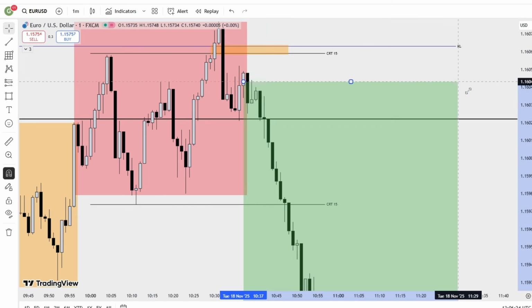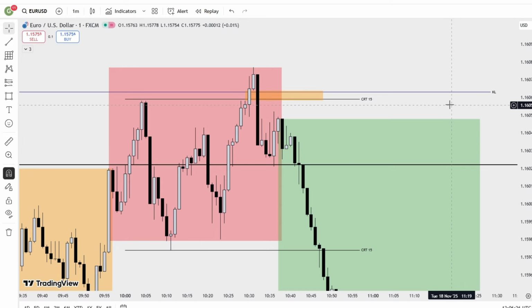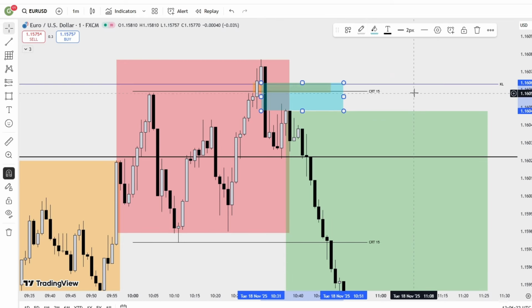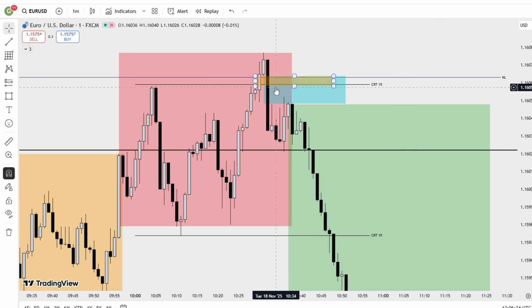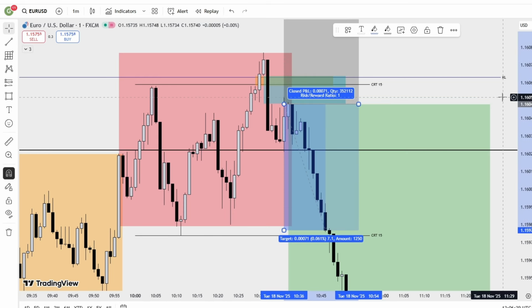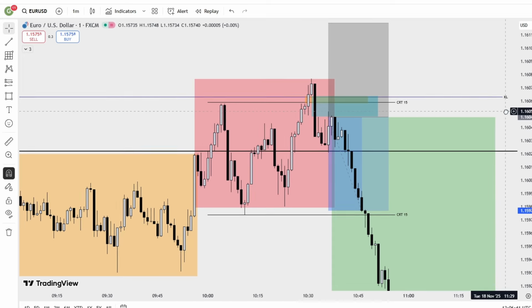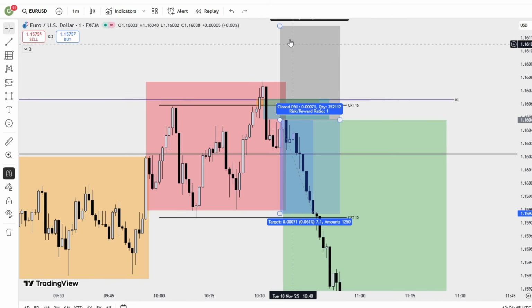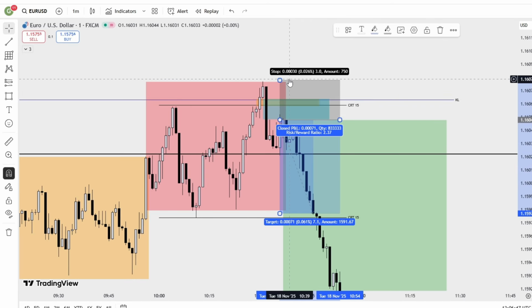So I wait for this fair value gap to be formed right here. After this fair value gap has been formed, I place my order right here and just wait for the price to retest the fair value gap, because I know this internal liquidity, the price will test it because it's a price gap here.